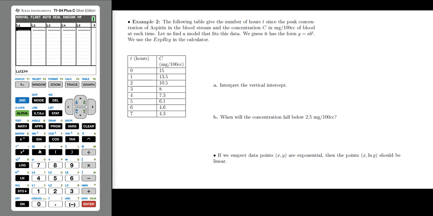Now let's go ahead and put in, I think it's clear that time should be our independent variable and concentration should be our dependent variable, right? So let's put all these times in for list 1, and then put these concentrations in for list 2 as the y values.